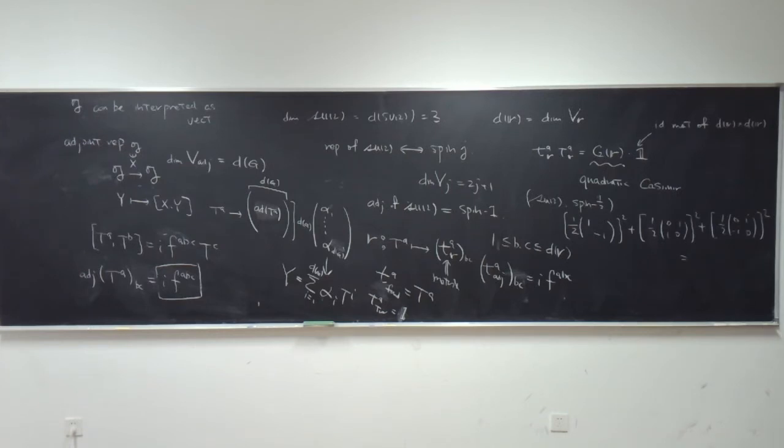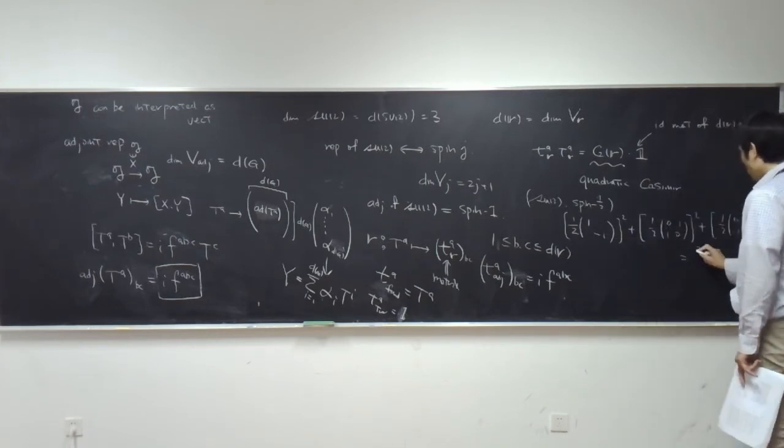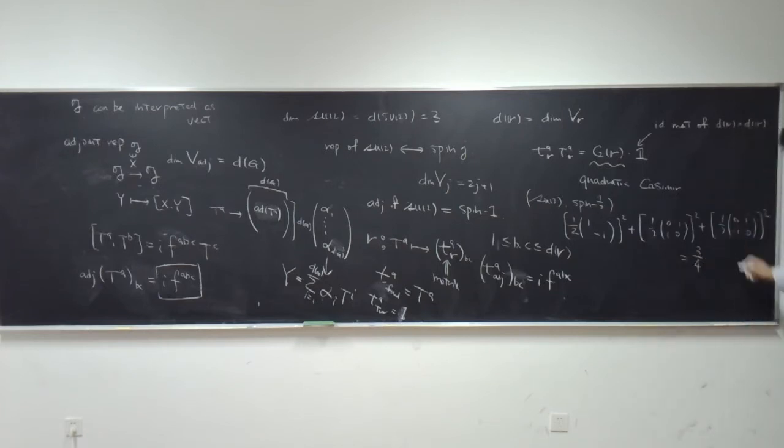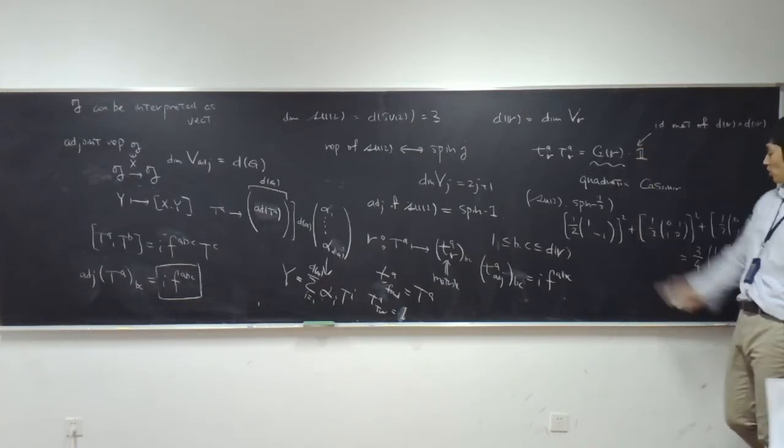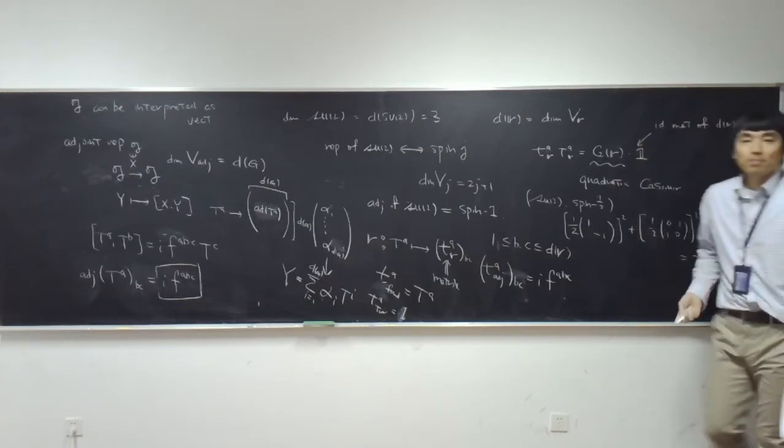Let's see. This will just give you 3 over 4 times the identity. That's a simple check. So the Casimir of the spin 1/2 representation is just 3 over 4.